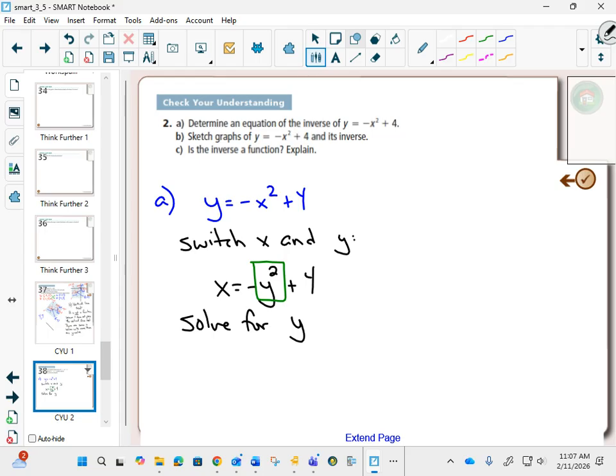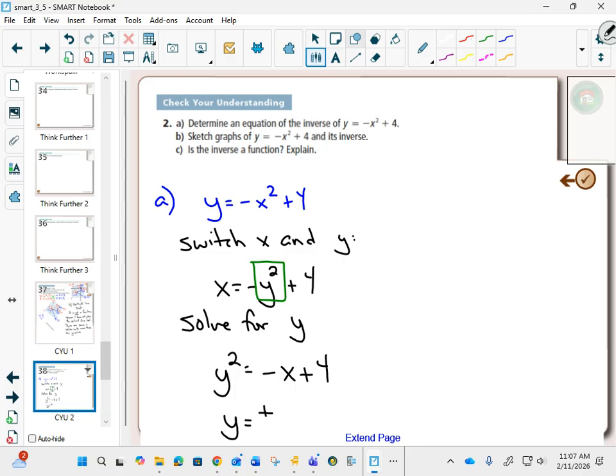So, to get that y squared by itself, well, I might move the y. It's negative here, so maybe I'll move the y squared to this side. I'll move my x. So I switched my y squared to the left and my x to the right side. And then I can get y by itself by square rooting.